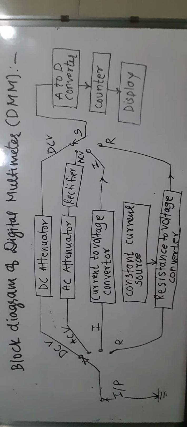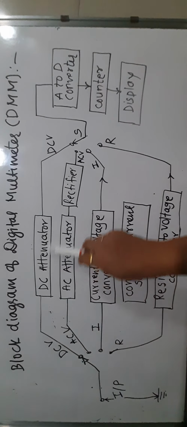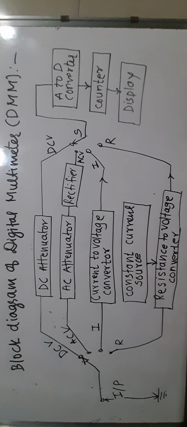For DC voltage measurement, there is DC attenuator. Attenuator circuit means it is nothing but potential divider circuit. So internally range is available there. Here different voltage ranges are 2 volt, 20 volt, 200 volt, 2000 volt. I am just taking examples.